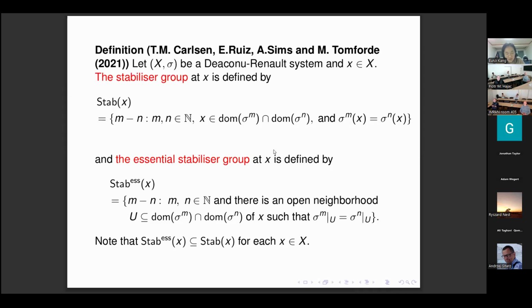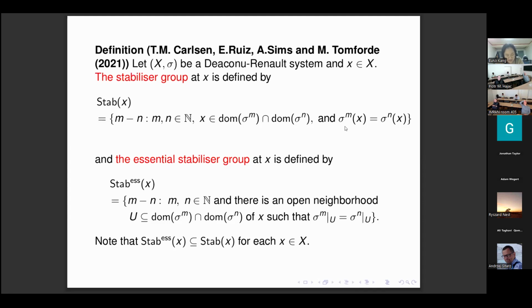So let's consider a diagonal system. We can also define two types of stabilizer at the point X. First, the stabilizer group at X consists of all integers that you can write as a difference M minus N, where M and N are natural numbers, such that both send X to the same point via sigma.